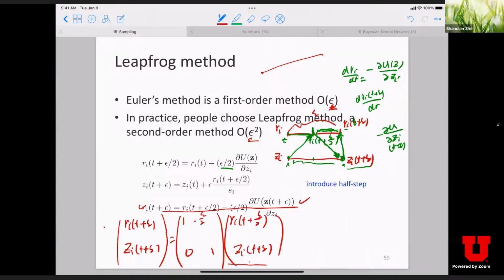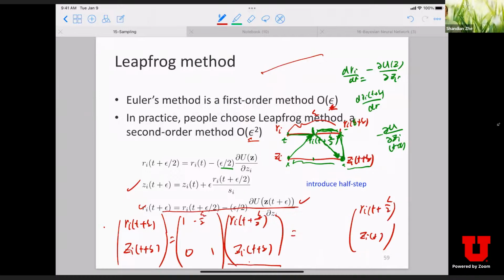And if you look at the intermediate state, how it comes from r_i t plus half epsilon to z_i t, that's the second step.